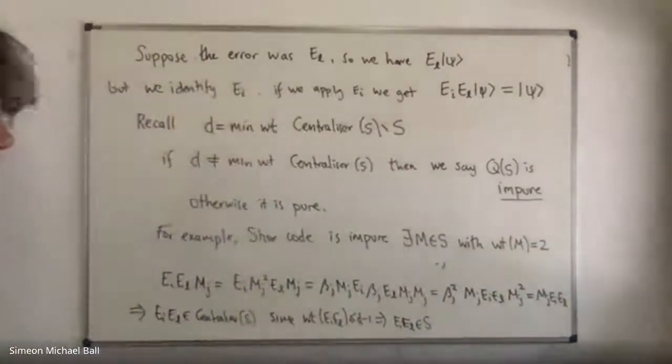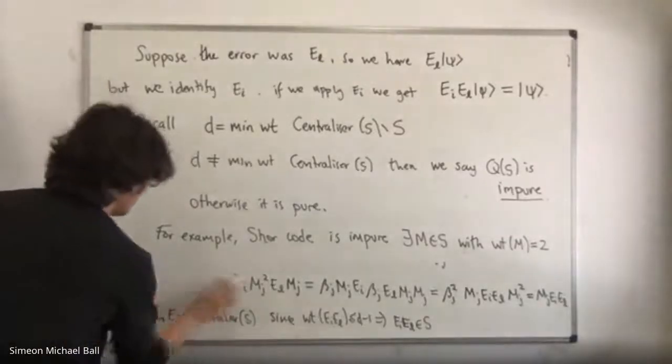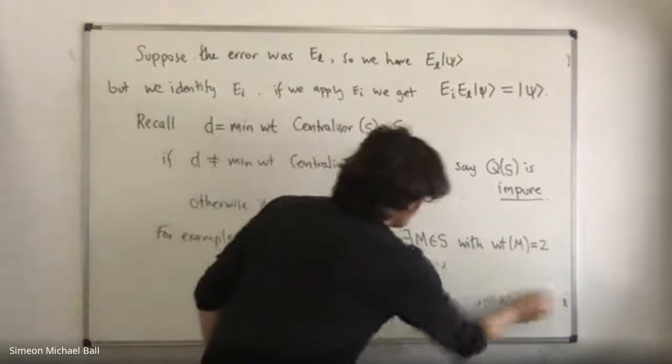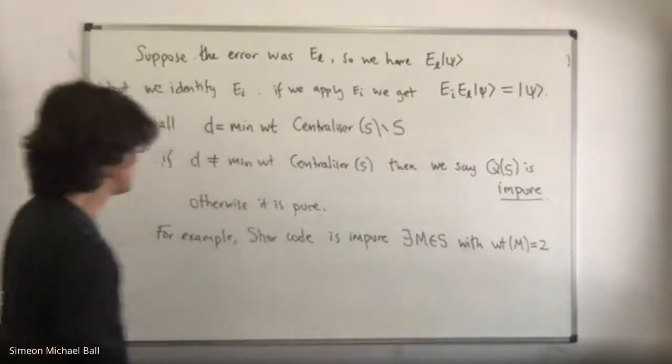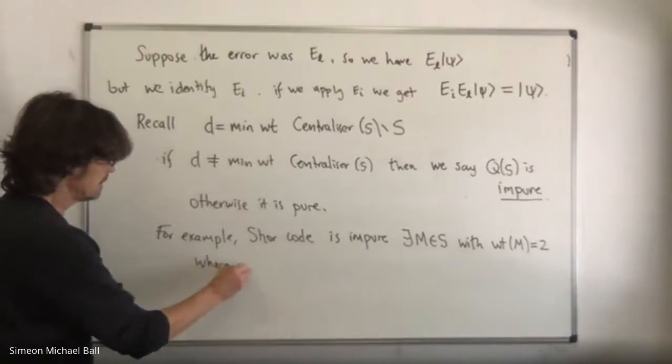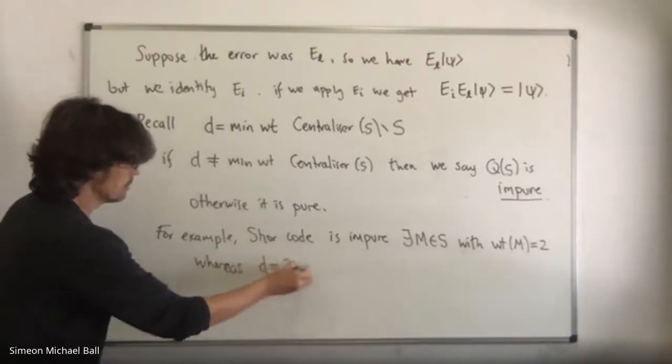Whereas we've already seen that we can correct errors of weight 1, so therefore the minimum distance d must be 3, whereas d is equal to 3 for the Shor code.